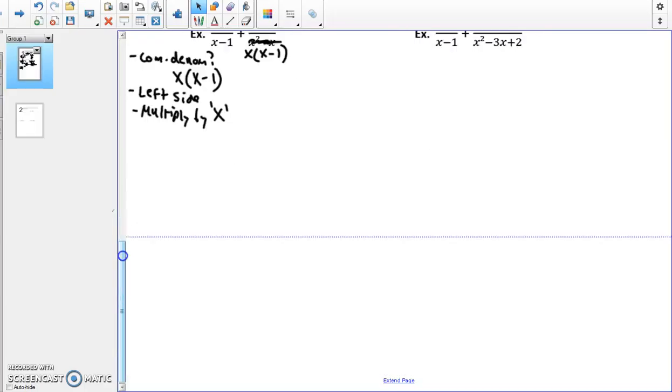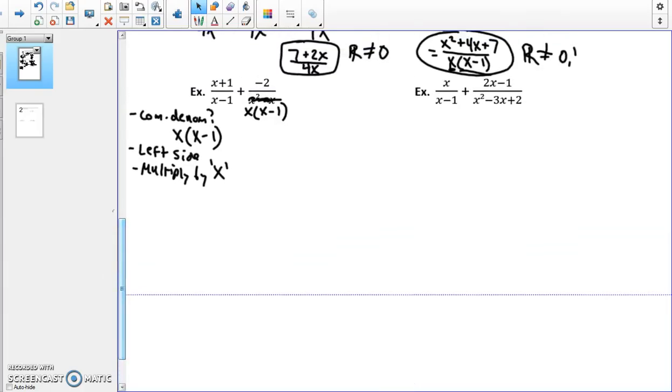So let's go through that. Let's multiply the left side by x. So on top, I'm going to get x times x plus 1. On bottom, I've got x times x minus 1. Now the other side I'm looking at is minus 2 on top, and there's that x times x minus 1 on bottom. Okay. So let's combine all this into 1 since we have a common denominator now.